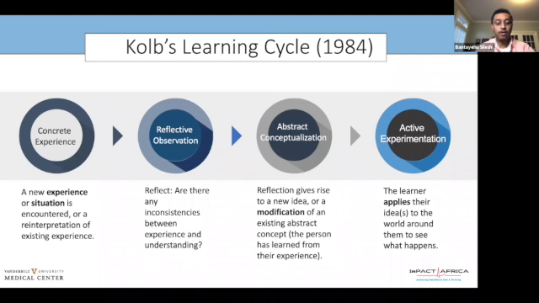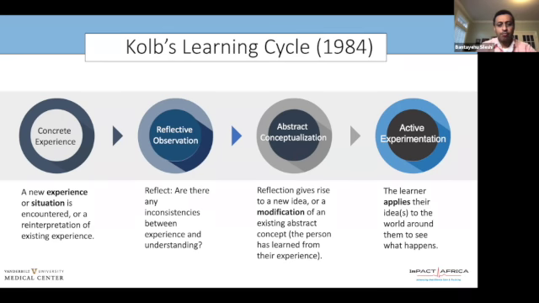After they reflect, the learner will make a decision of, okay, I now have a new idea, or I'm going to modify the previous knowledge that I have into a new way. Once they do that, the 4th step is that the learner applies the new idea or the new modification to the world and sees what happens. And then they go back to the circle again, and whenever they have new experiences, they'll base them on the new modification that they are applying.